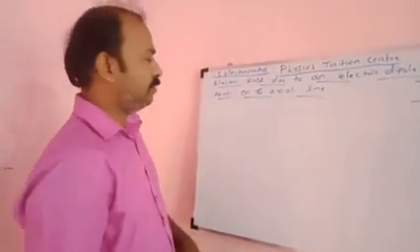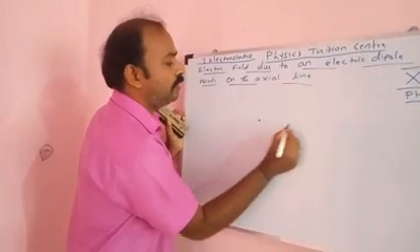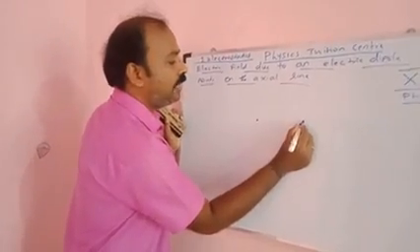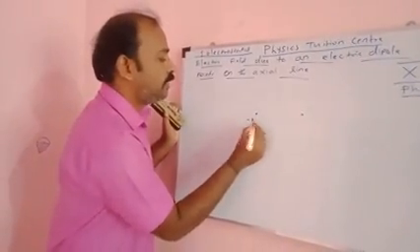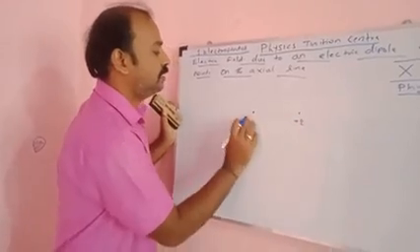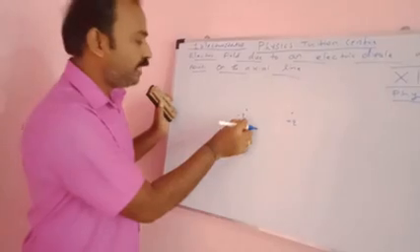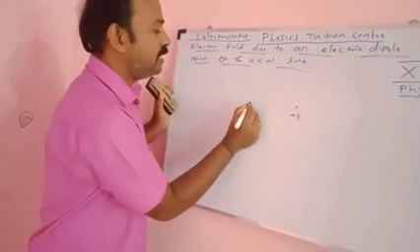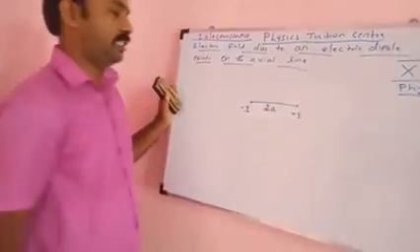An electric dipole is nothing but two equal and opposite charges. This is minus q, this is plus q. Two equal but opposite charges are separated by a very small distance.